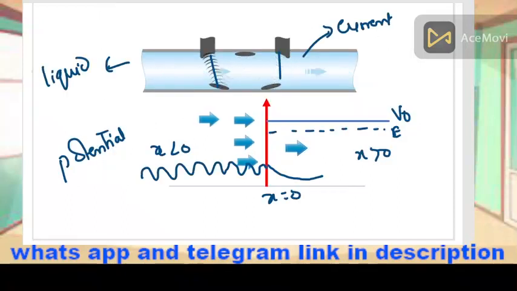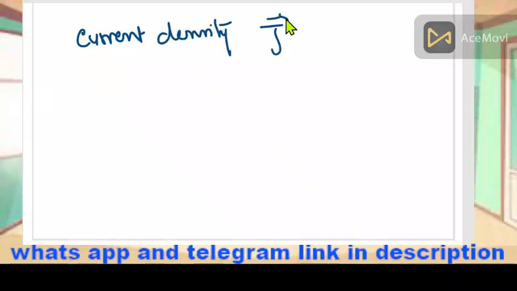The method here is to calculate the probability density current, which is denoted by J, in the region x less than 0 and in x greater than 0. Now you must have heard about current density. Current density is also represented by J, and it is a vector quantity.